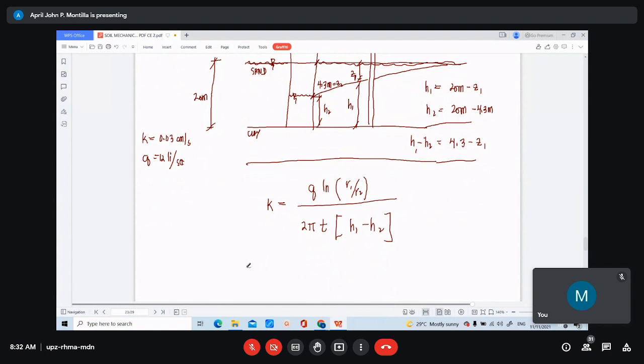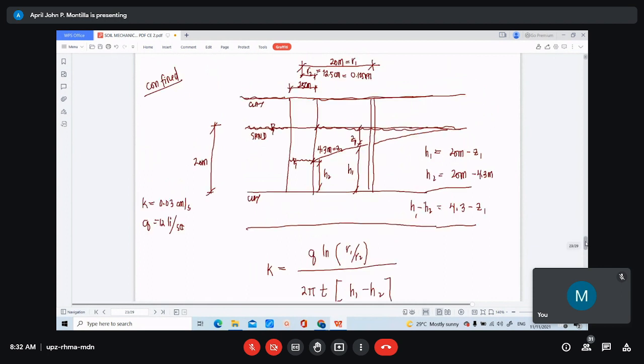Ang hydraulic conductivity is 0.03 centimeter per seconds. Ang flow rate ay 12 liters per second. Convert na natin. That is 1 cubic meter is to 1,000 liters, para hindi na tayo mako-convert later on. Multiplied by ln of R1 over R2.